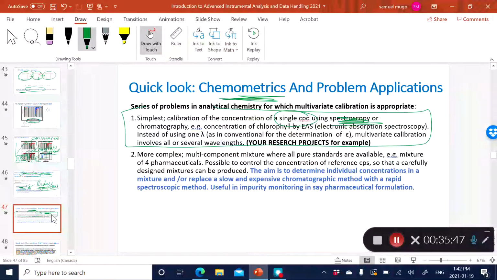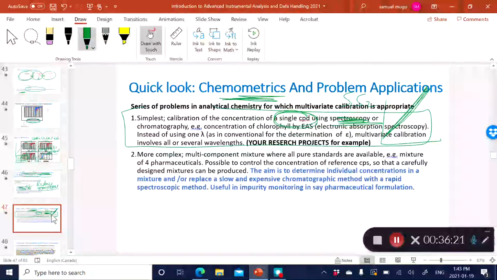So instead of just using one signal, you can use multiple signals, so that you can build a robust linear regression model. But again, you can see it's fairly straightforward. In this case, I just have a single compound and it's giving me multiple signals. Very similar to the example that I gave you with the FTIR and caffeine, where you've got multiple signals. And so instead of just using one signal, you would use multiple signals to give you the linear regression model.